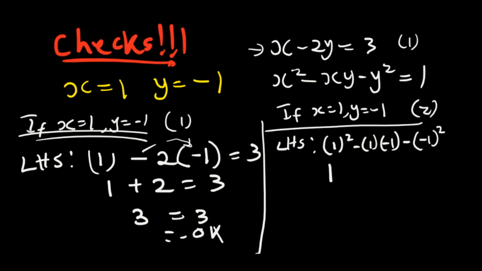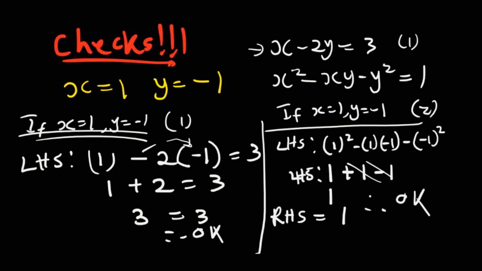So I'm going to get 1 plus 1, and then here it's going to be minus 1. So this is the left hand side, by the way. So these will go away, and then you remain with 1, and the right hand side is actually equals to 1. So therefore everything is okay. So now you know that your solutions of x and y are correct, right?